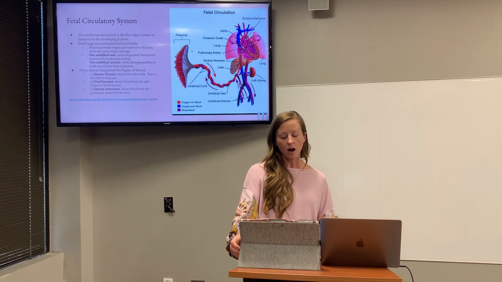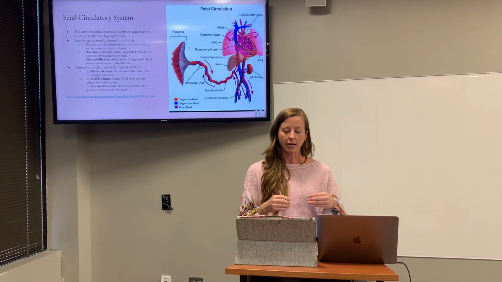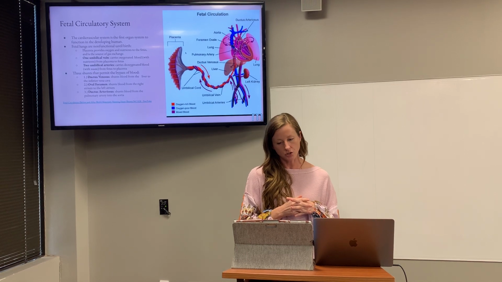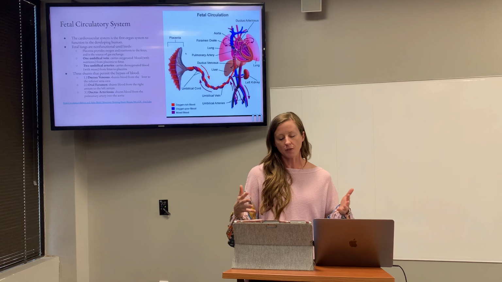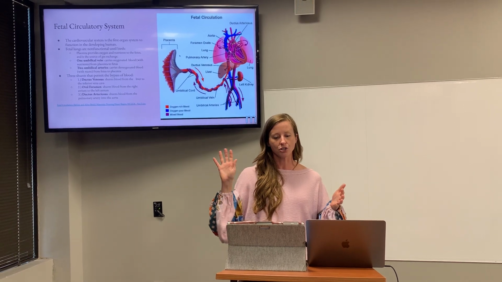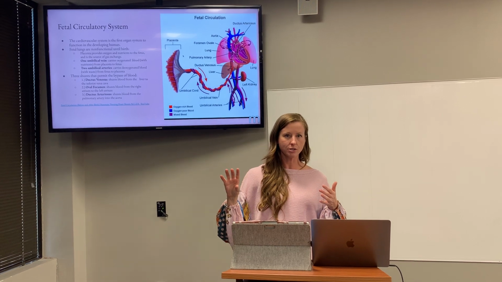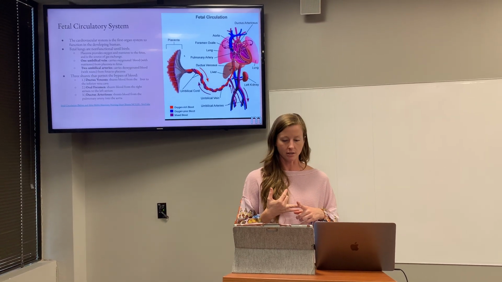The oxygenated blood is going to flow from that umbilical vein to the fetus's liver. The liver's not fully functional, but it does have some blood flow. Within this fetal system there are shunts that bypass a lot of the structures that are not really needed during that period, so the liver and the lungs.